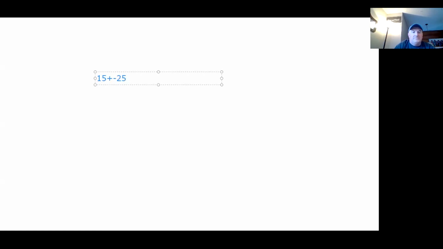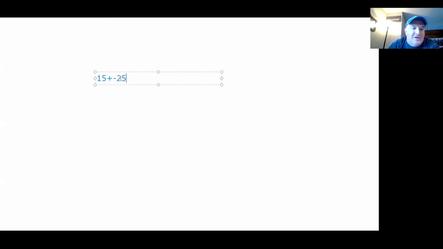Now, on this one, you have 2 numbers: 15 and -25. You can tell by looking at it which one is the dominant number. 25 is obviously the dominant number, but it's negative. So you know the answer is going to end up being negative.